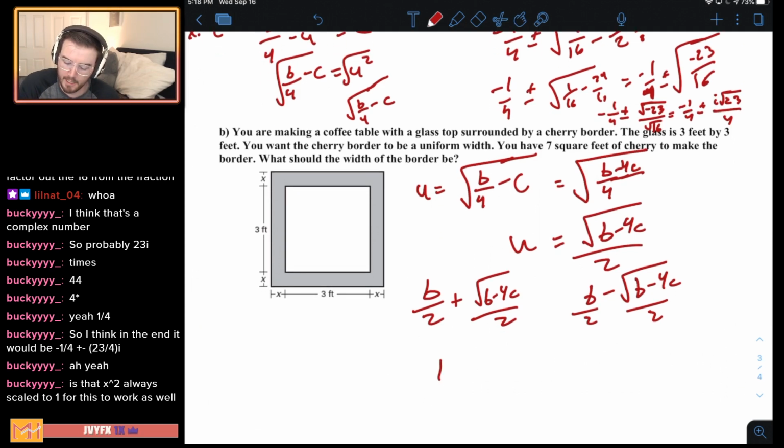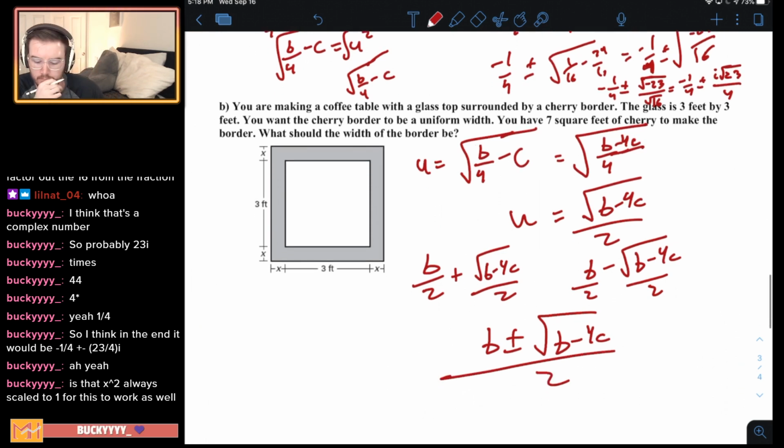So basically, these two answers are plus or minus b plus or minus the square root of b minus 4c, all over 2. So not quite the same as yours, but close.